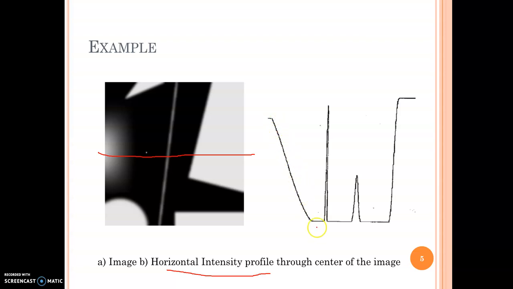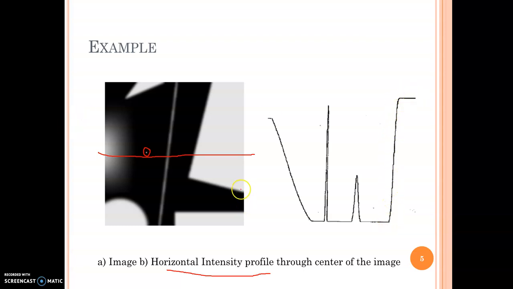So you have an edge like this, and at this point you are having a point, so there will be a certain rise in the intensity. Then there is a line at this point. So there is an edge like this. Then after that there is a sudden change in the intensity, that is, you are having a step edge. So this represents a step edge.